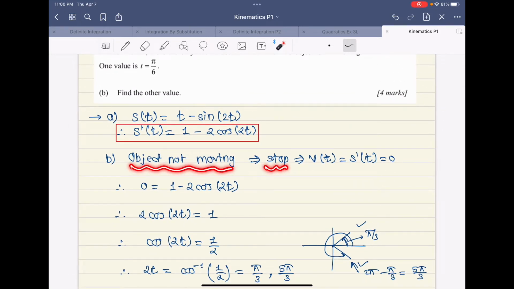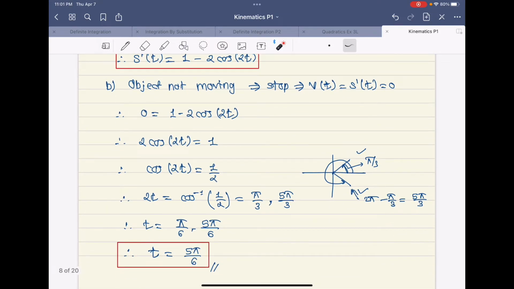That means it is stopped, that means velocity is equal to 0, that means s dash t is equal to 0. S dash t we already found out, we are equating that to 0. Take this negative quantity on this side, so minus 2 cos 2t comes on this side, becomes 2 cos 2t is equal to 1. Divide both sides by 2, so cos 2t is equal to 1 over 2.